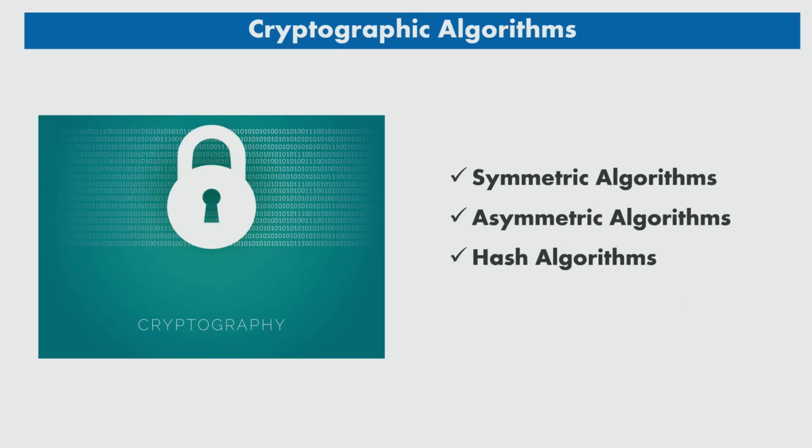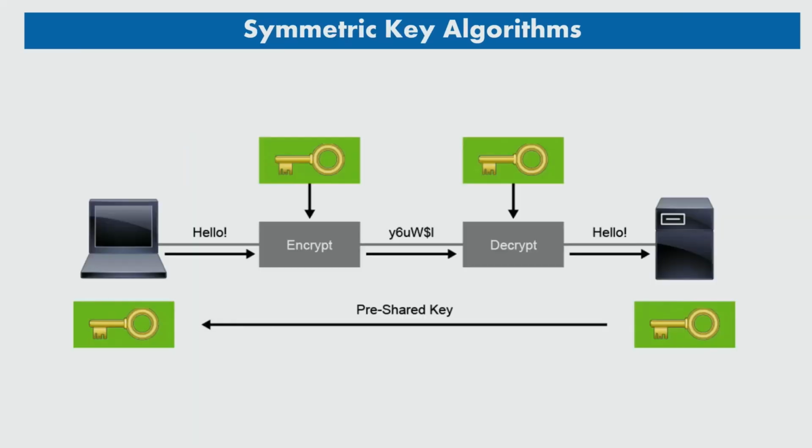Cryptographic algorithms can be divided into three categories. So we have symmetric algorithms, asymmetric algorithms, and hash algorithms. So now let's talk about each of them. So what is a symmetric key algorithm?